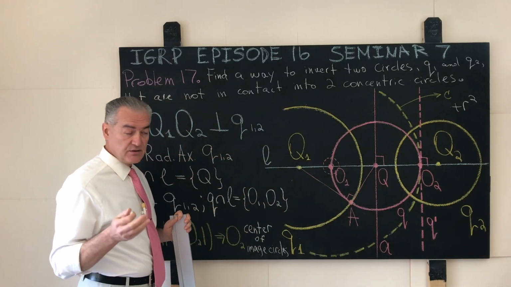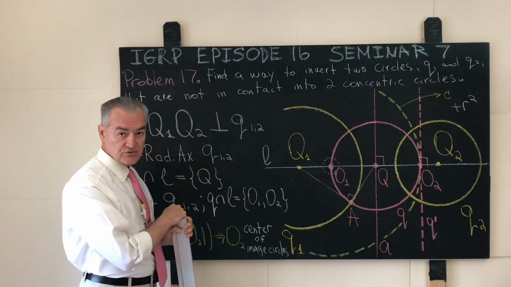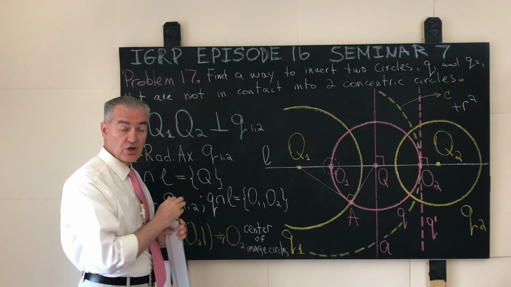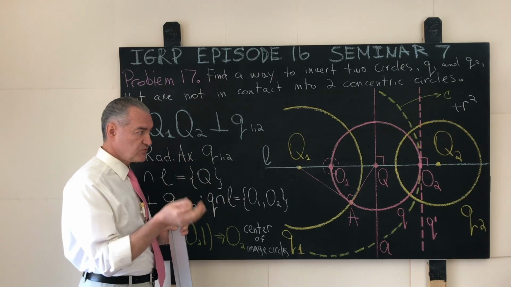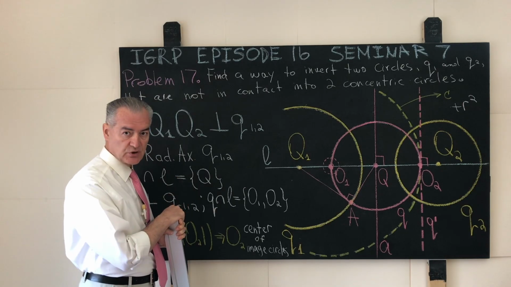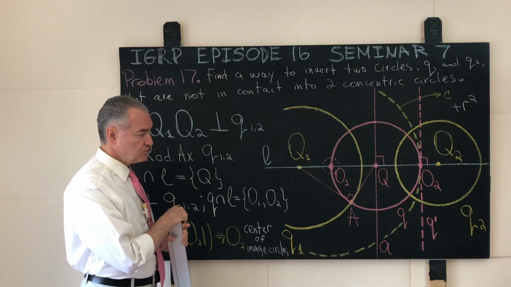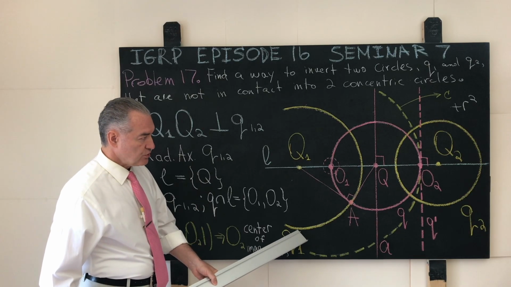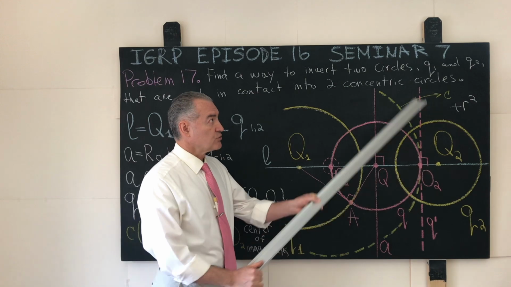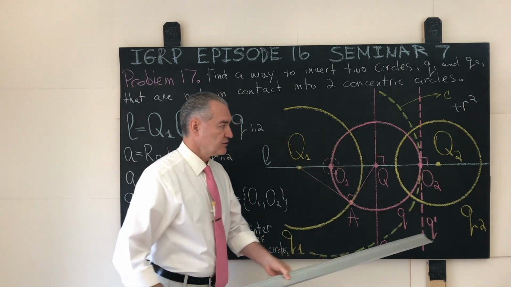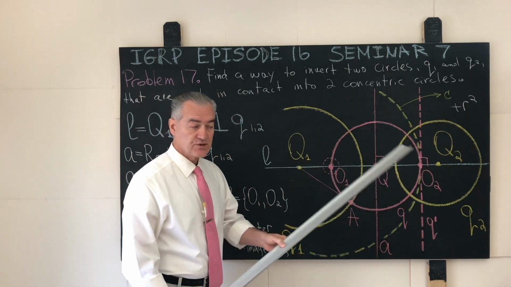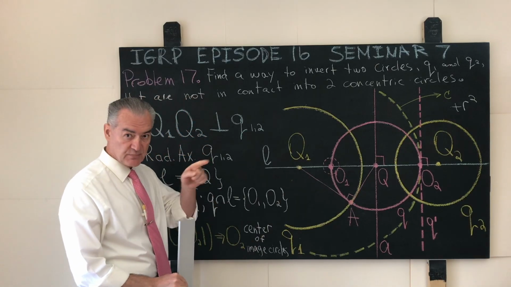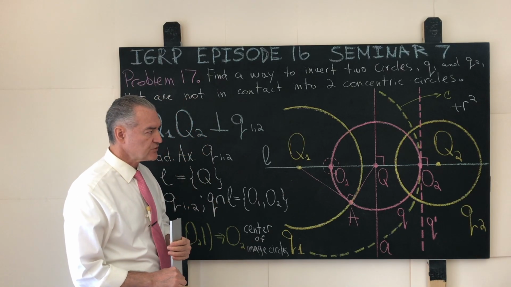I recommend that you carry out this construction, implement this idea using your favorite graphing software, whatever you use. I use free software called GeoGebra, but once you do that, you will see that the radius of the image of the circle Q1 becomes just way too large. It will not likely fit inside your screen or the viewport provided by your graphing software.